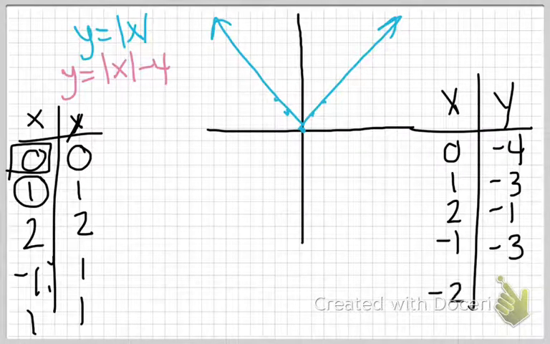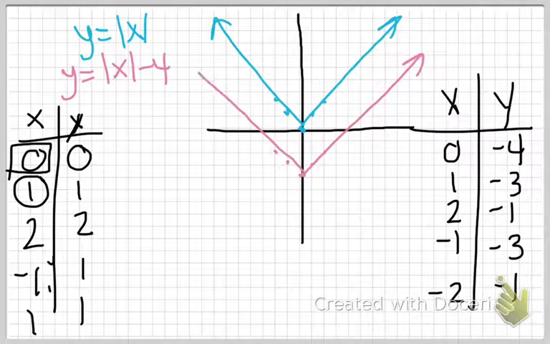And negative 2 would also be negative 2. So I'm going to go ahead and plot these points on my graph. So I have 0, negative 4, start down here, 1, negative 3, negative 1, negative 3, 2, negative 2. Apparently I can't do math either.